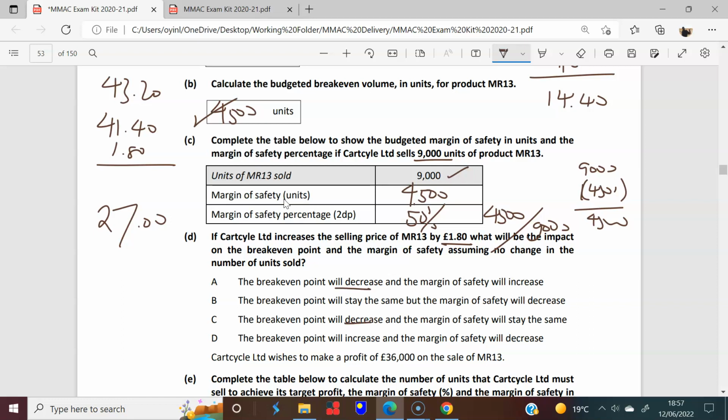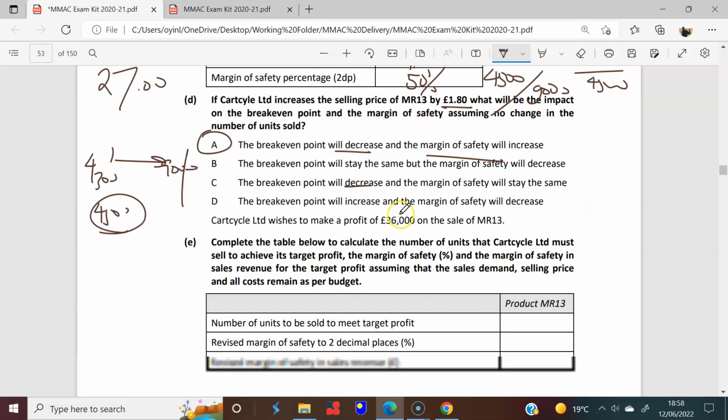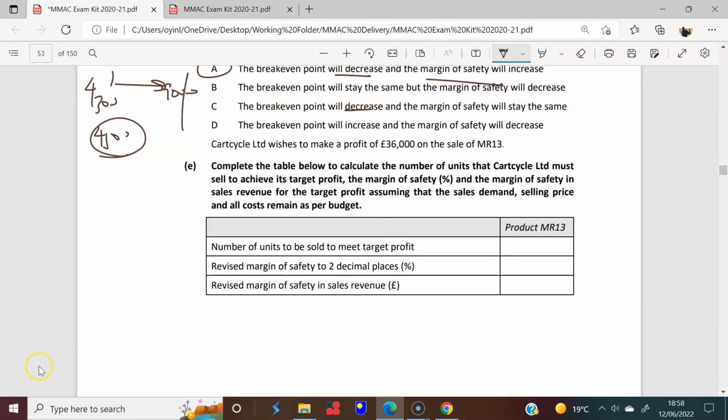So these two are correct in their initial argument. Because we will get to break even sooner, and if you're still going to be selling 9,000, if break even then becomes 4,300, the margin of safety has increased. The distance between that 9,000 and the 4,300, as opposed to the current 4,500, is larger. And so in effect, margin of safety will increase in that regard.